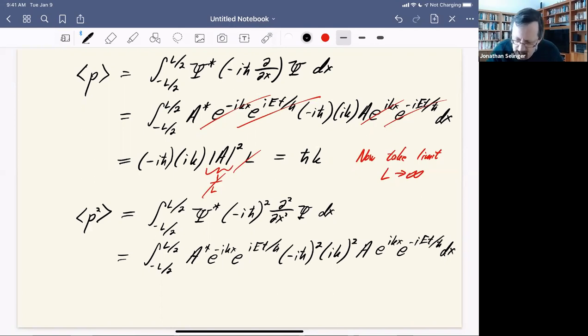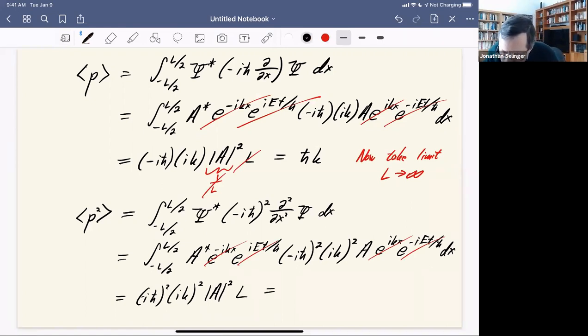All right, now we can do this integral. Here we factor out the minus i h bar to the second power, and the ik to the second power, and the magnitude of a squared. All these exponential factors cancel each other, and we just get an integral which is the system size L. So this gives us h bar k quantity squared.